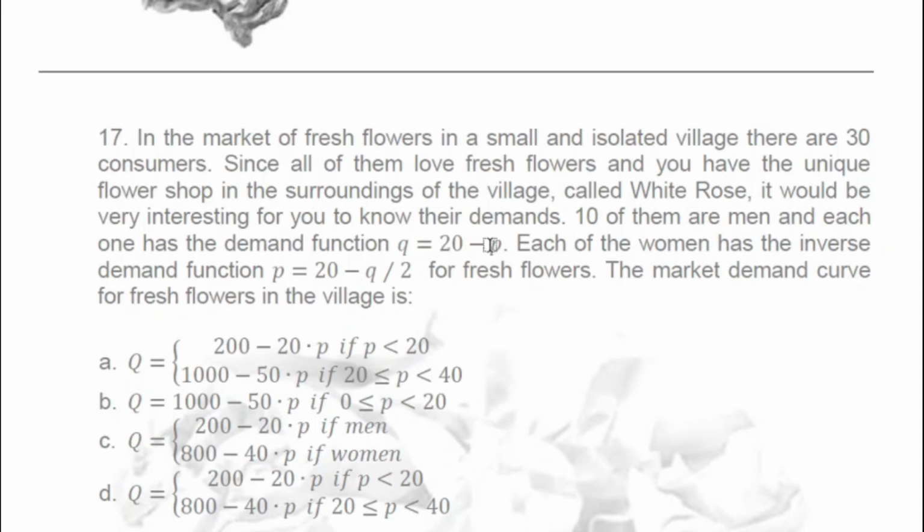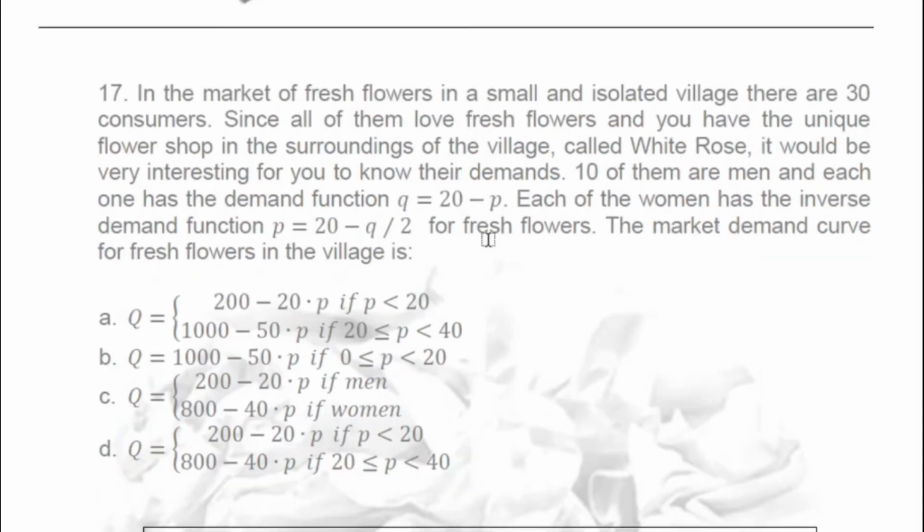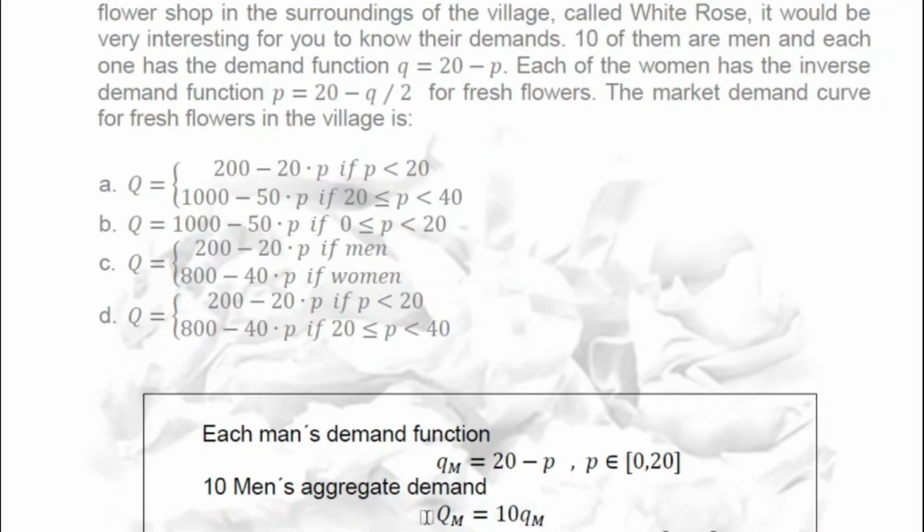So no men would pay over 20, and there are 10 men. So each man's demand function is Q equal to 20 minus P for prices below 20. So 10 men is 10 times the demand for each man: 200 minus 10P. The price range doesn't change because the 10 men all don't want to pay more than 20.